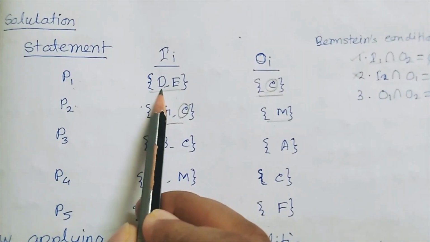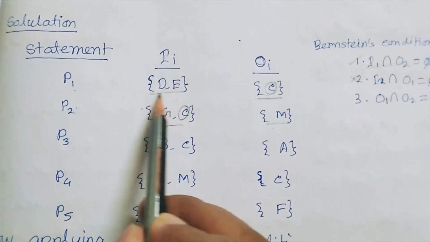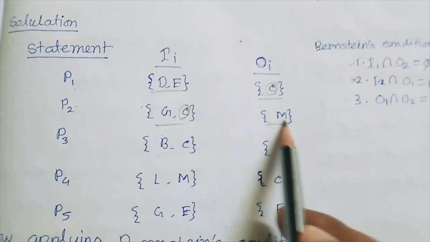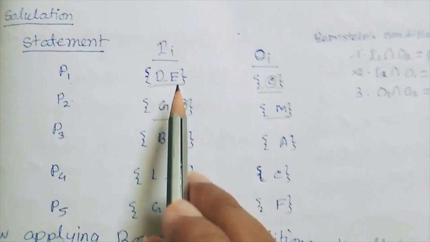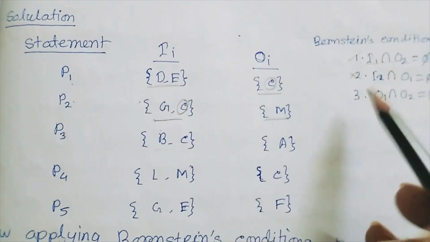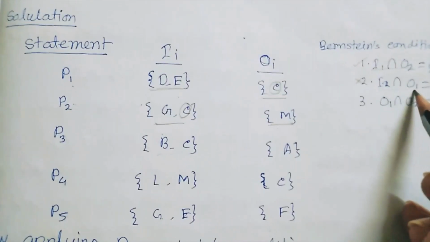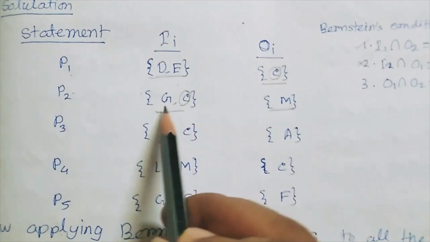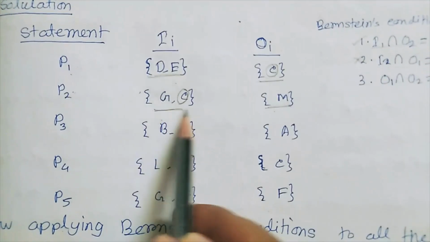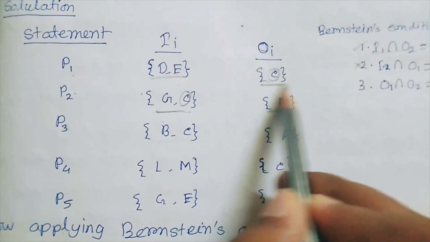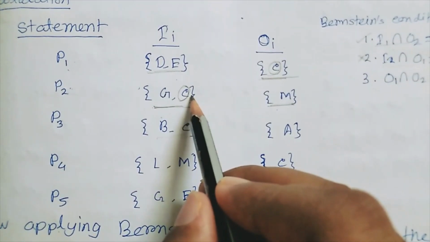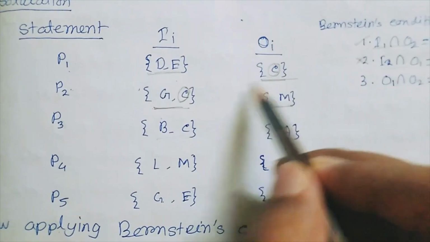That means the input set of P1 and the output set of P2 have nothing in common, so their intersection is null, and that's satisfied. But for the second condition, I2 intersection O1, the input set of P2 and the output set of P1, their intersection is not null here, because C is common to both.